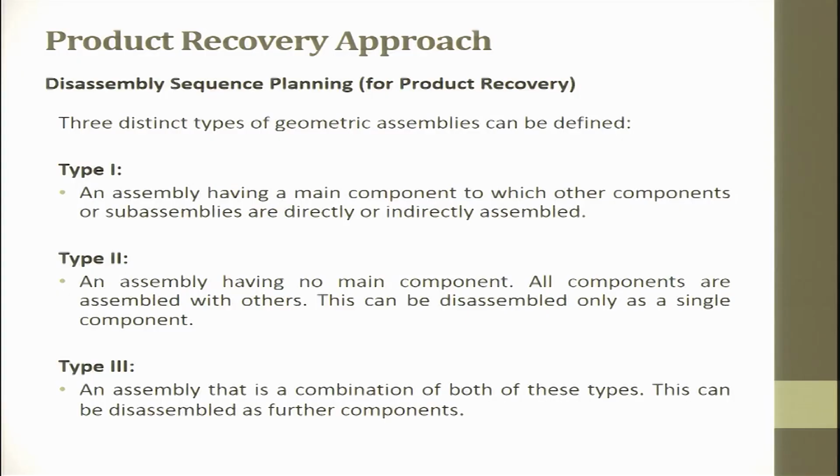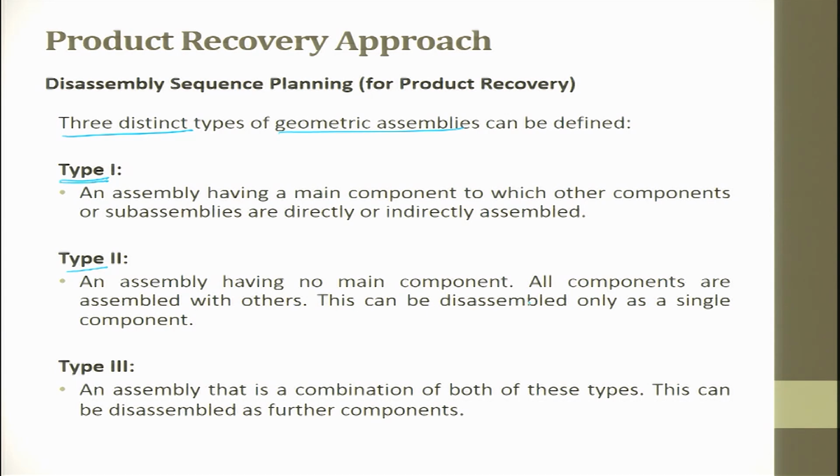In disassembly sequence planning for product recovery, three distinct types of geometric assemblies can be defined. The first is type 1: any assembly having a main component to which other components or sub-assemblies are directly or indirectly assembled. Type 2 is any assembly having no main component, where all components are assembled with others.